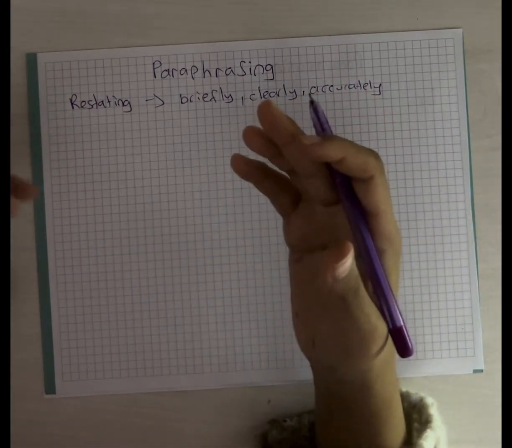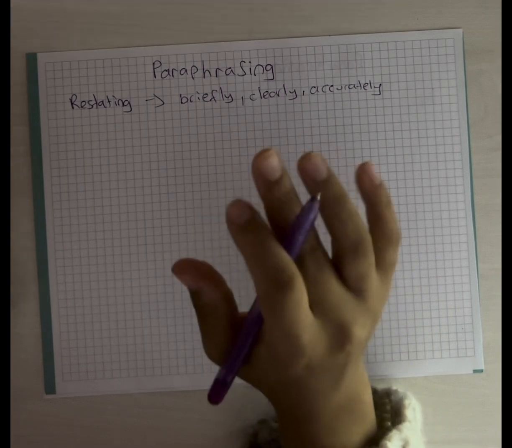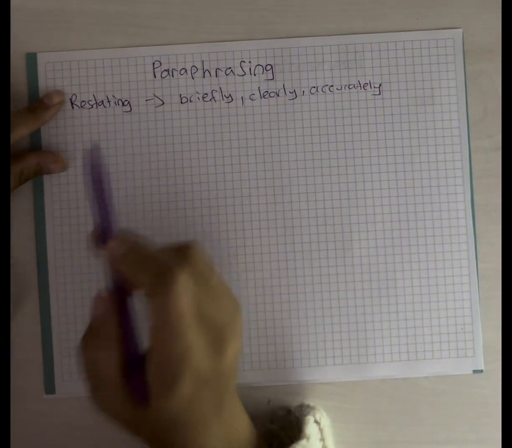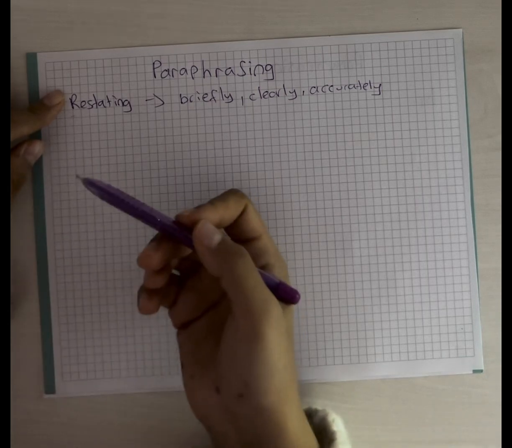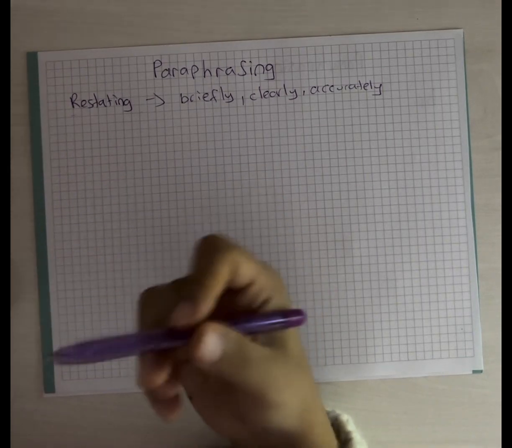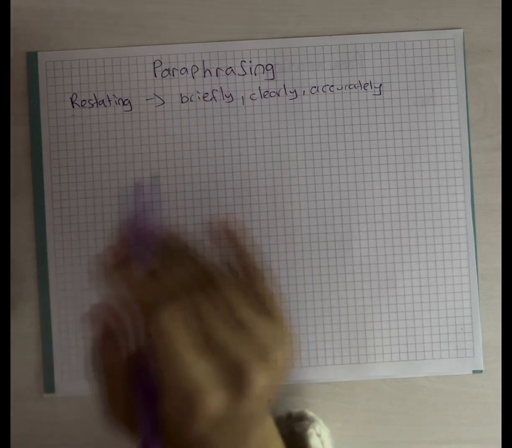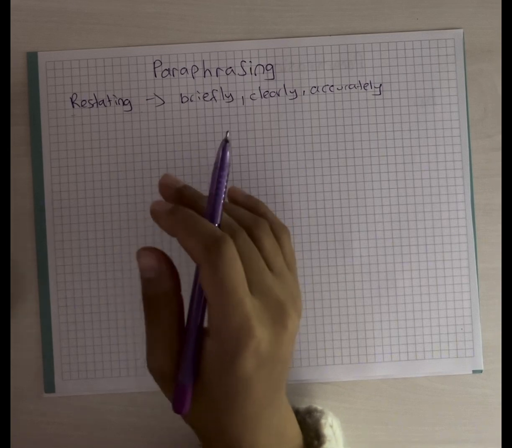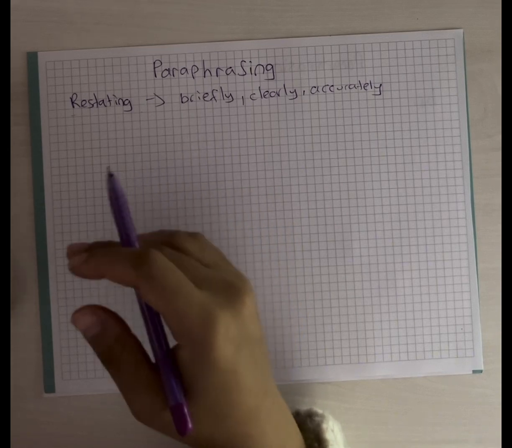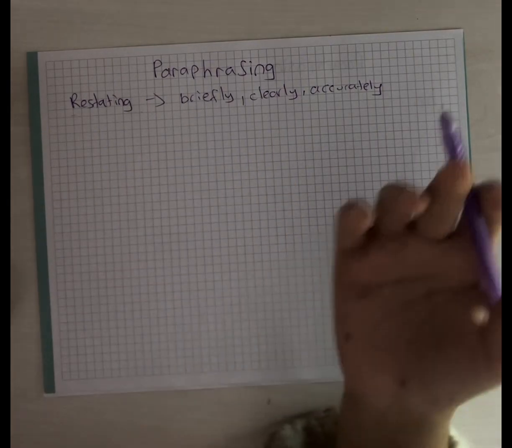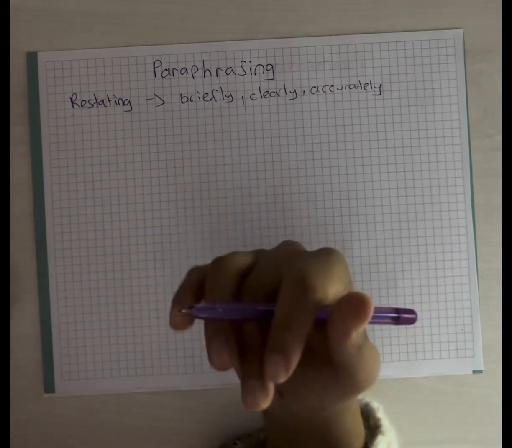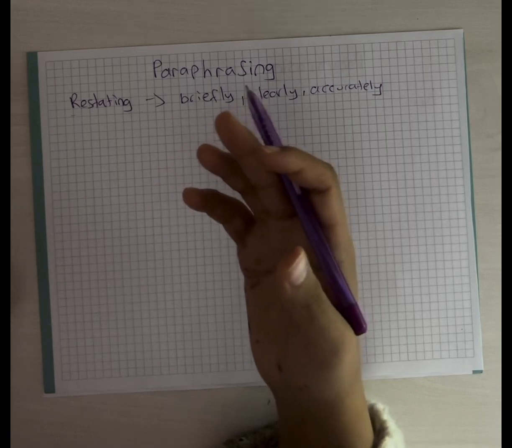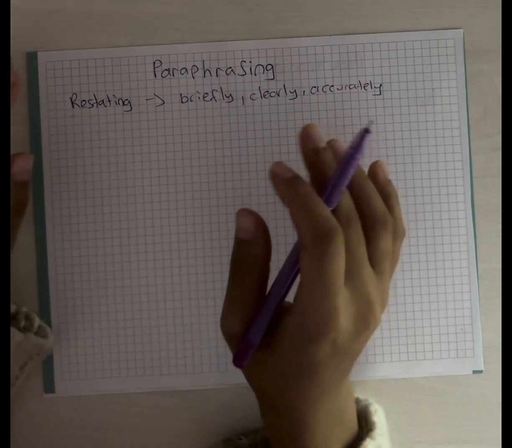Paraphrasing. The purpose of an argument summary is to clarify an argument's structure by restating its main points as briefly, clearly, and accurately as possible, because many arguments are expressed in ways that are needlessly wordy, complex, or obscure. It's often necessary to restate them in ways that are simpler and easier to understand.